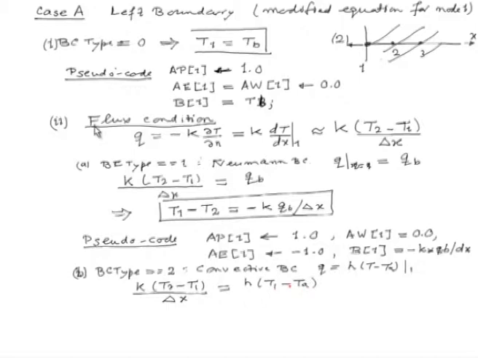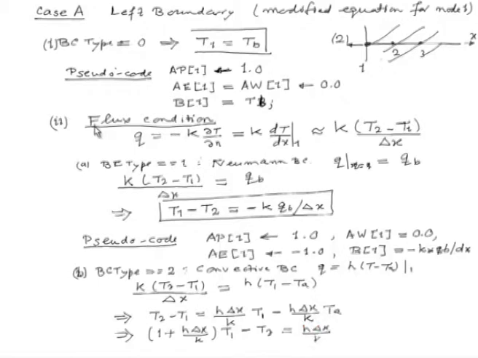If we rearrange it, we get T2 minus T1 is equal to H delta x by k times T1 minus H delta x by k times TA, that is (1 plus H delta x by k) times T1 minus T2 is equal to H delta x by k times TA.